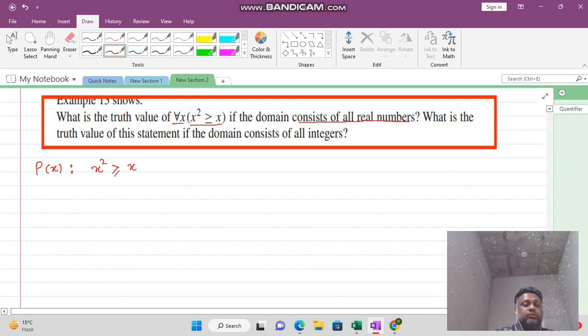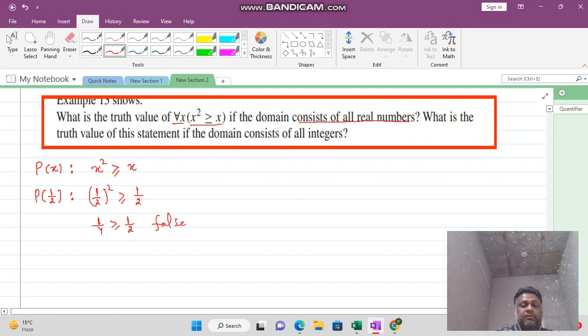Now you see here, if you set x equal to 1 by 2, then (1 by 2) square is 1 by 4, and it is not greater than or equal to 1 by 2, so it is false.